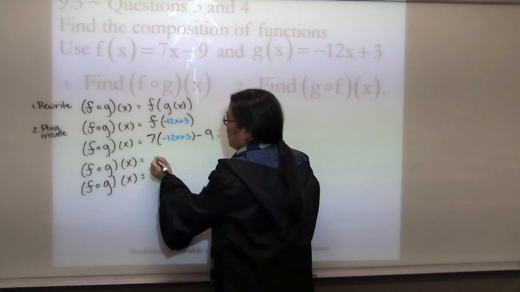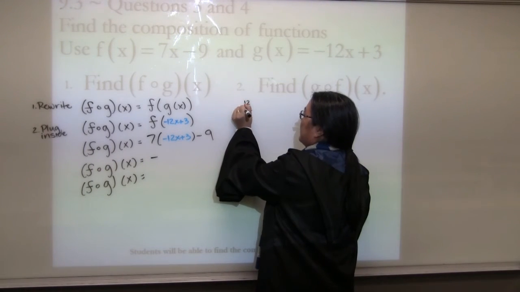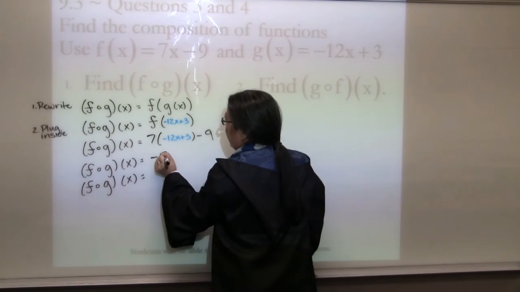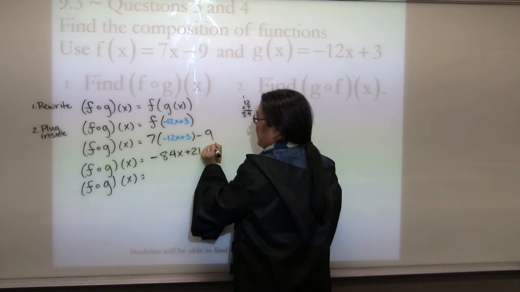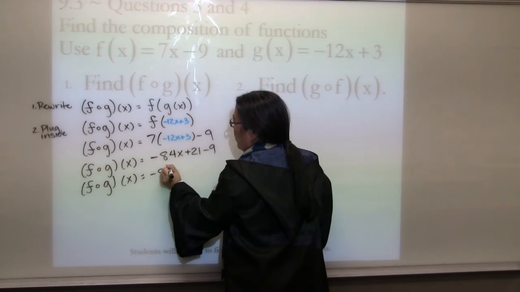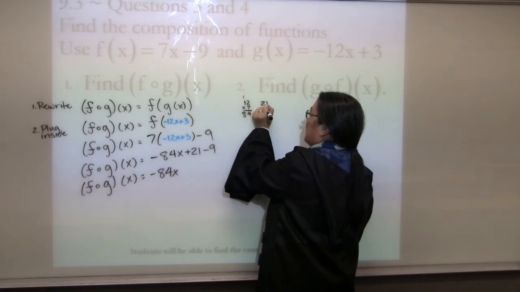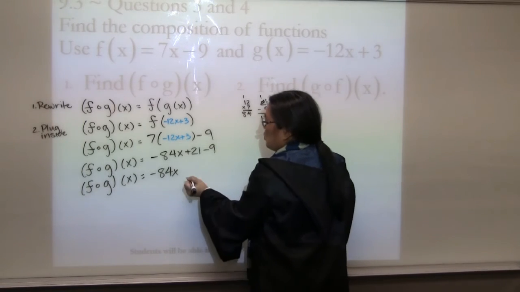Then we will distribute. 12 times 7, 14, carry the 1, 84, x plus 21 minus 9, combining like terms, descending order by degree. The x's come first. 21 minus 9 is 12.